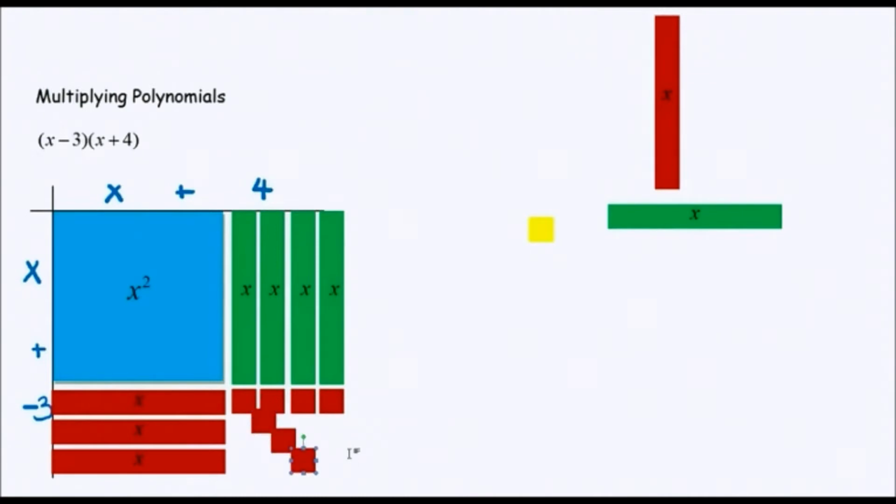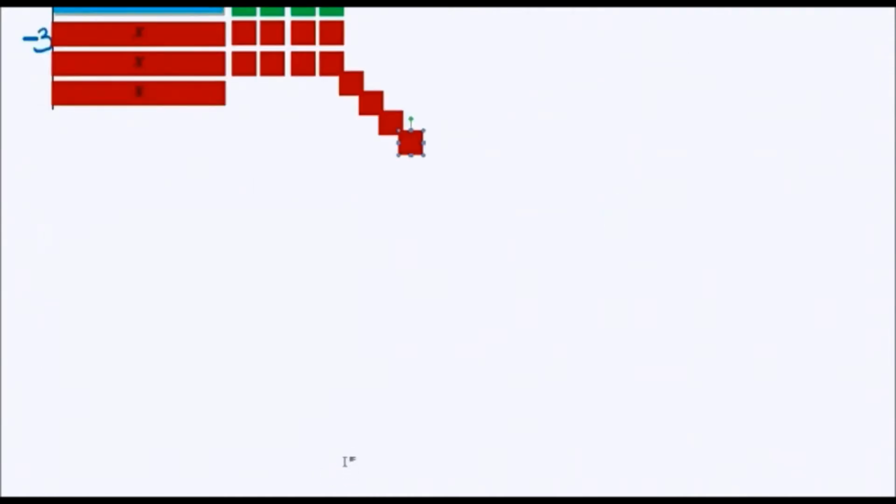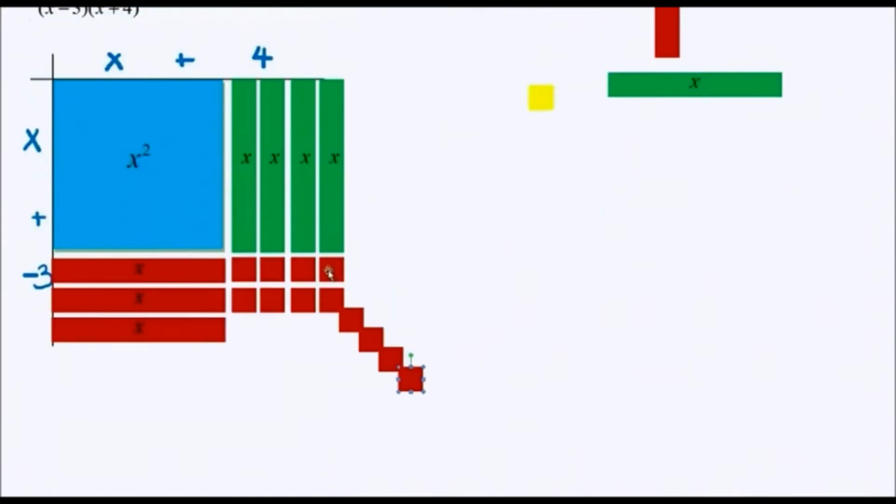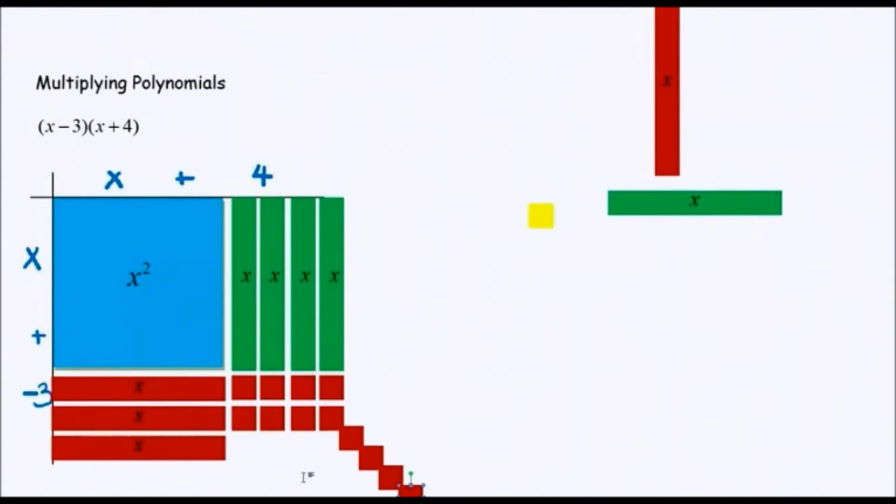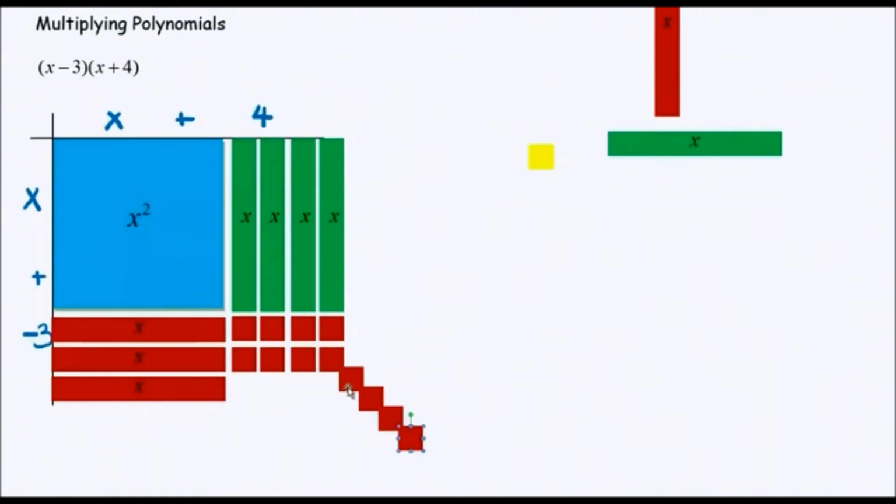And the reason why there's 12 of them is because 3 times 4 is of course 12. But why is it red? Why aren't they yellow? Why didn't I grab those yellow tiles? I didn't grab those yellow tiles because it's not positive. So a negative times a positive is a negative.